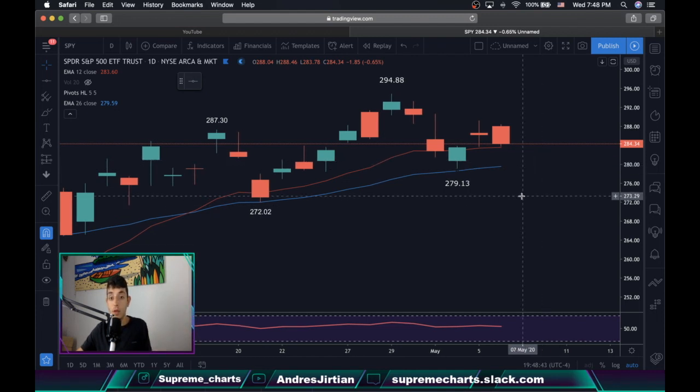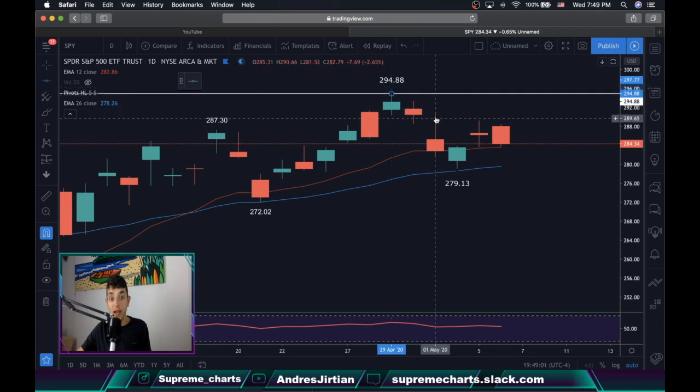So over the last 2 days, the bears have shown that they can get some momentum and possibly change the trend in their favor. So instead of a bullish uptrend, it'd be a bearish downtrend. Just to explain that really quick, we have the top of this whole bounce of Corona at 294.88.